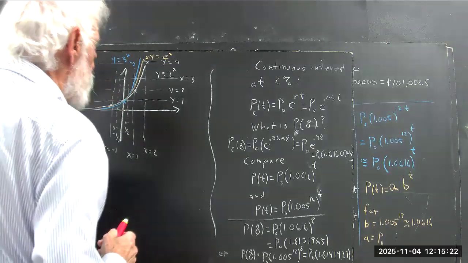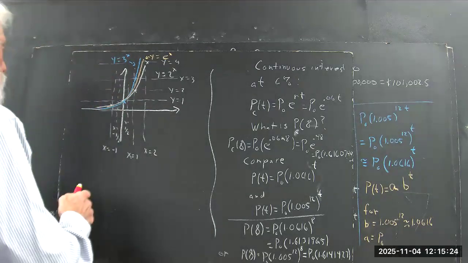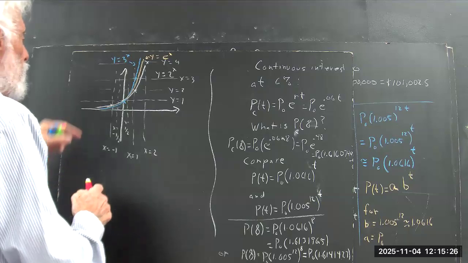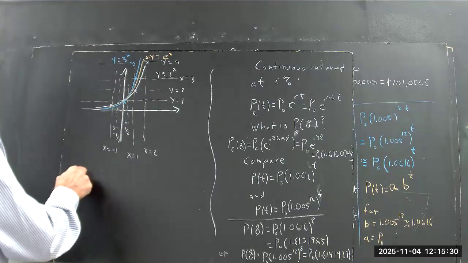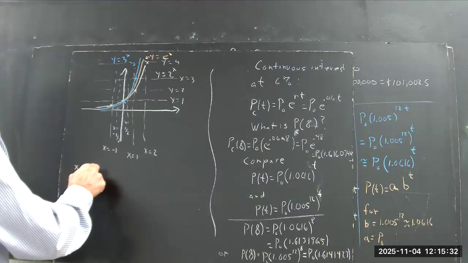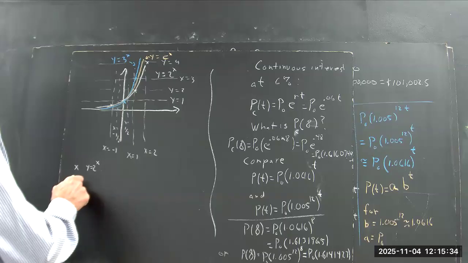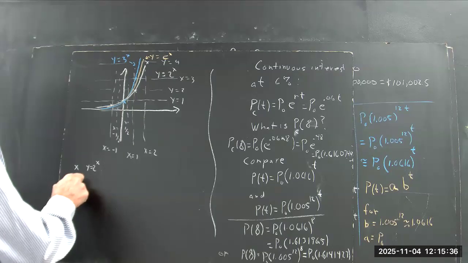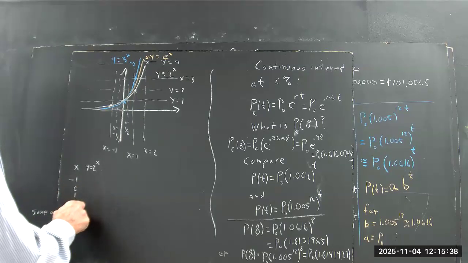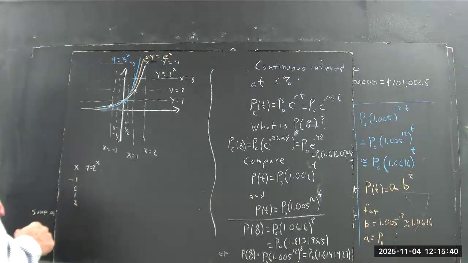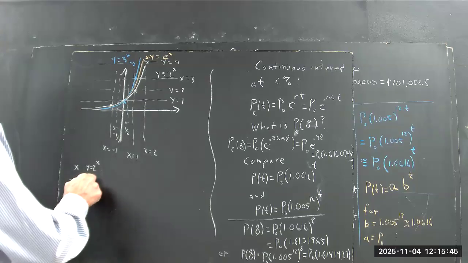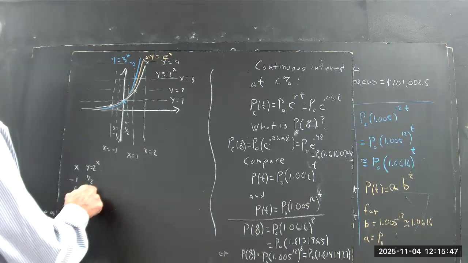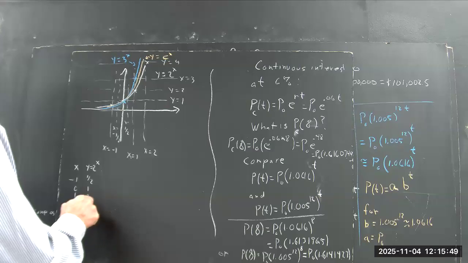Each of these has an inverse function. Inverse of y equals 2 to the x. Well, let's just use x values -1, 0, 1, 2, we get 1/2, 1, 2, 4.